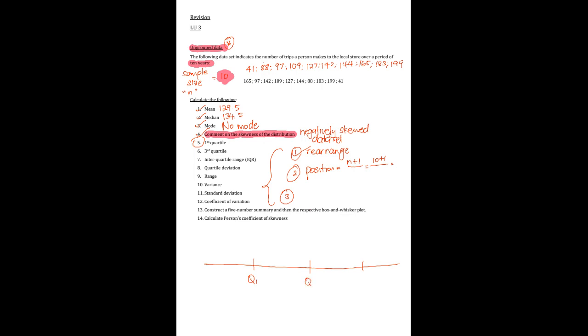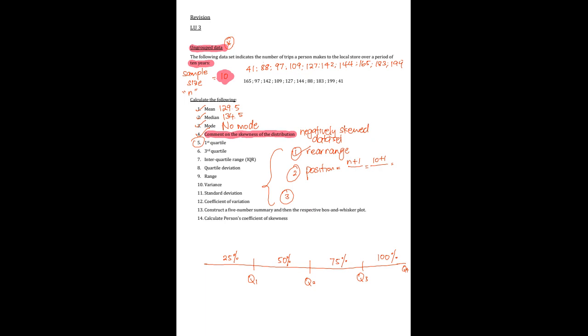So it splits your data set into 4 equal parts. This is the first 25%. This is the next 25%, which in total gives you half of your data set. You add on the next 25%, it gives you 3/4 of your data set. And then you have the last quarter, which gives you 100% of your data set.